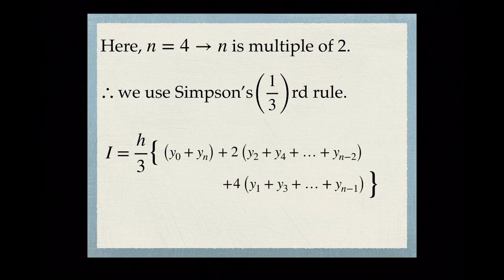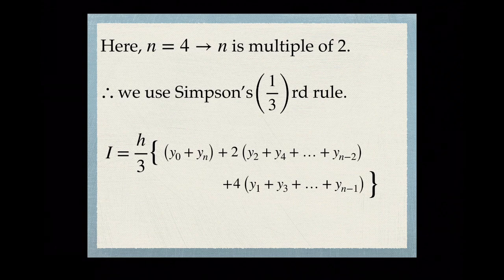And it says I is equal to h by 3 into y0 plus yn plus 2 times y2 plus y4, and so on up to yn minus 2, plus 4 times y1 plus y3, and so on, plus yn minus 1. It's quite easy to remember.